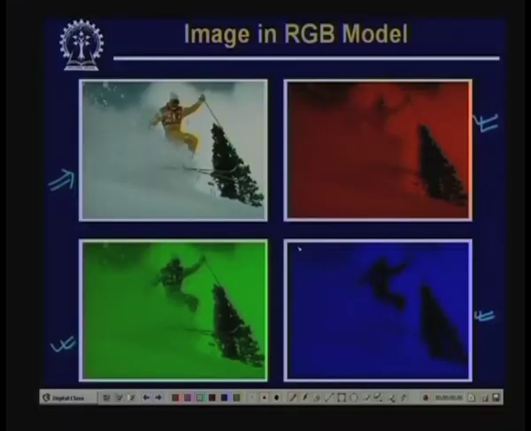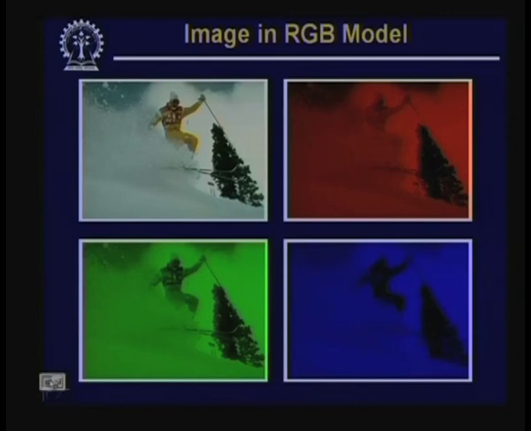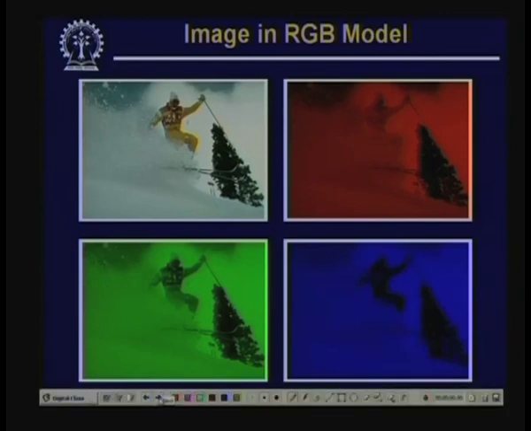Now, as we said, red, green and blue are mostly useful for display purposes, but when it comes to color printing, the model which is used is the CMY model, or cyan, magenta and yellow model. So, for color image printing purposes, we have to talk about the CMY model. However, the CMY can be very easily generated from the RGB model.